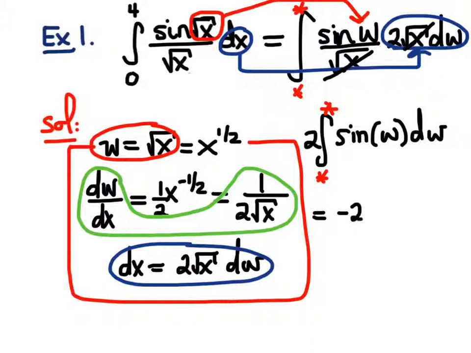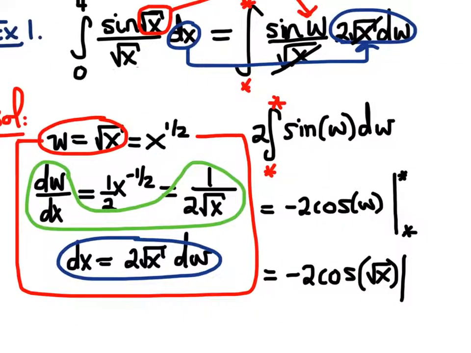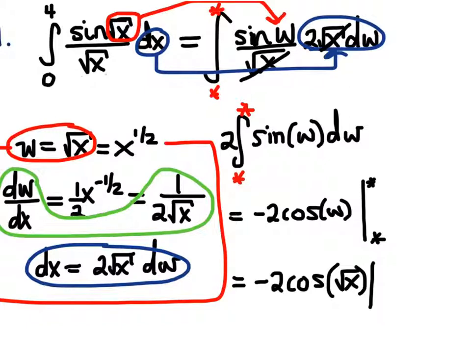We get minus 2 cosine w, and we evaluate it from some unknown value to some unknown value. We go back to x's, and now we can say that we go from 0 to 4.